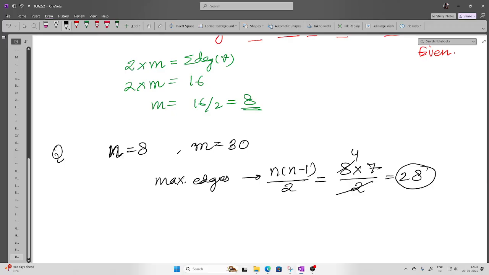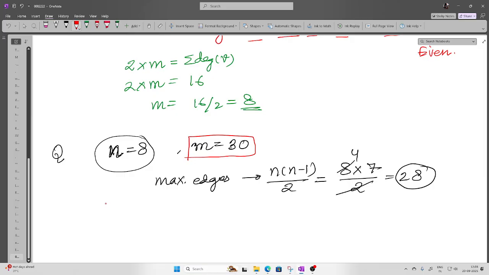Okay, so the maximum number of edges in a graph having 8 vertices, and that too if it has to be a simple graph, should be 28. But the problem says that the graph is having 30 edges and still it is simple. So is it possible? No, it is not possible.